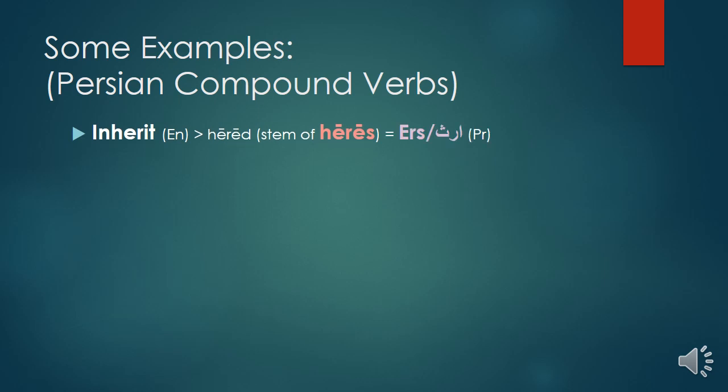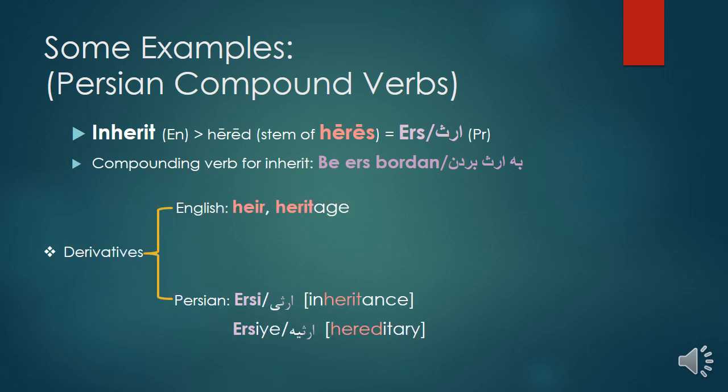The corresponding word in Persian is ers, which is a noun. The compound verb from ers is به ارث بردن. And derivatives are heritage in English, and ersi and ersiye in Persian.